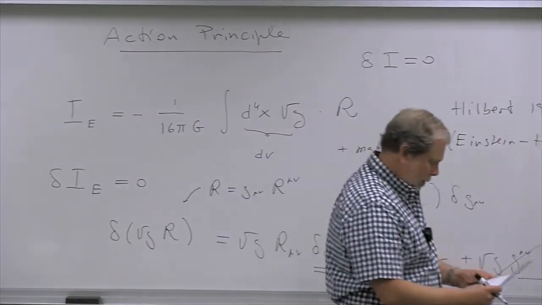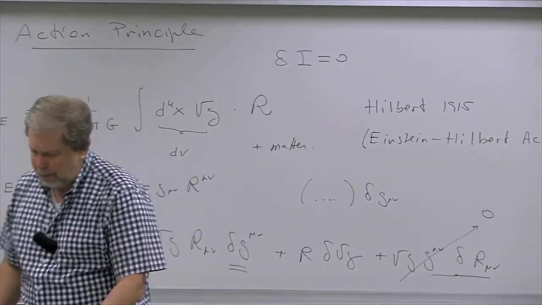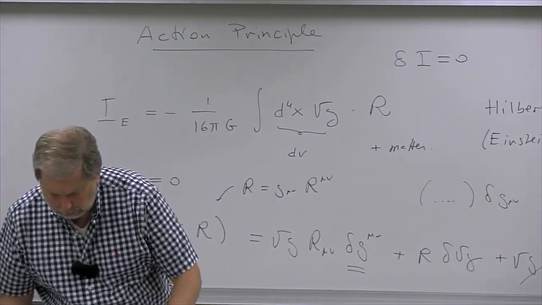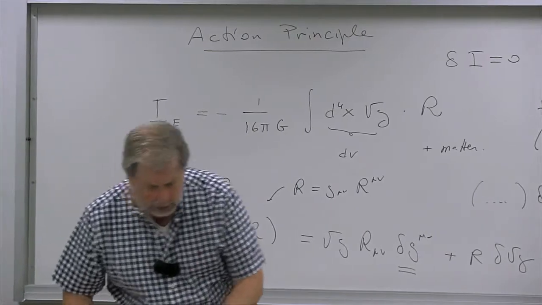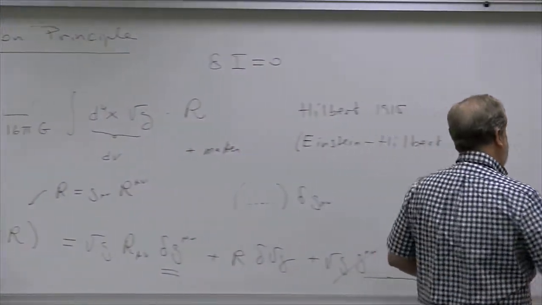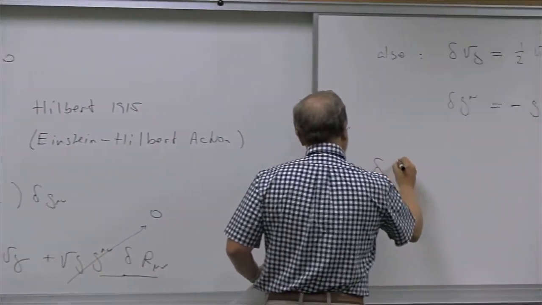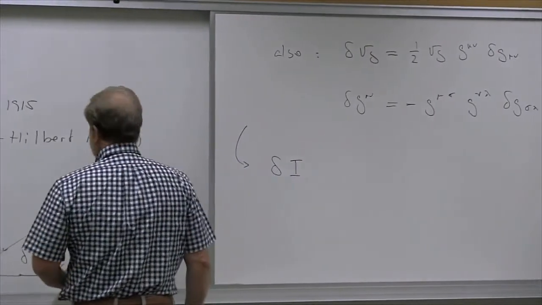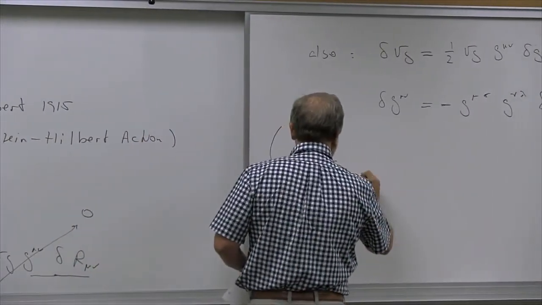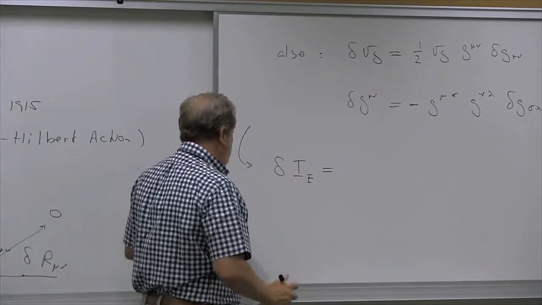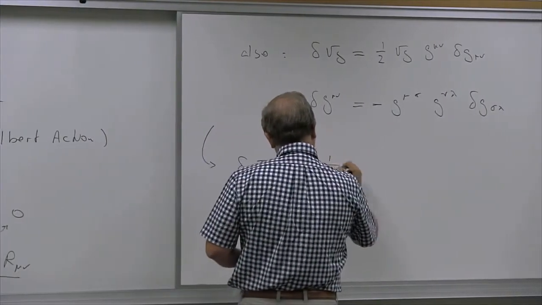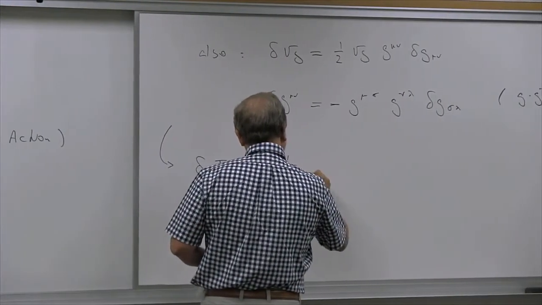Okay. So we put everything together, and we find that the variation of the Einstein action is equal to, well, first of all, we have the minus 1 over 16 pi G in front.